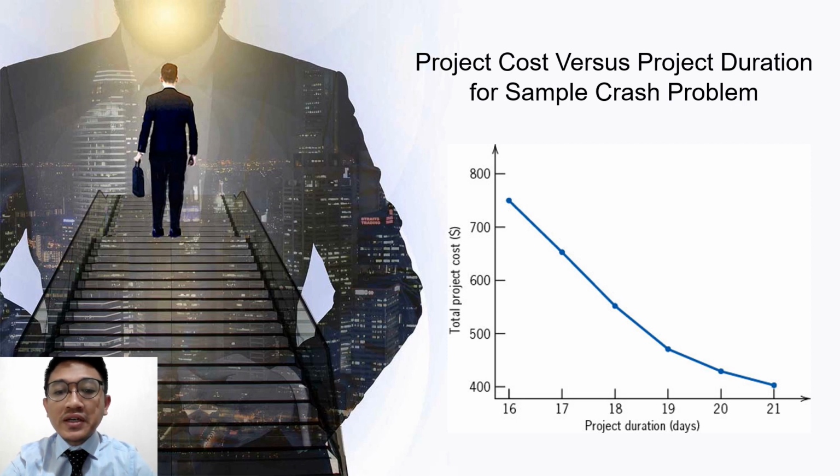Project cost versus project duration illustrates the relationship between expenses and time in a case scenario. It showcases how increasing project speed, reducing duration, impacts overall project costs. This analysis provides insight into the cost implications for expediting activities.